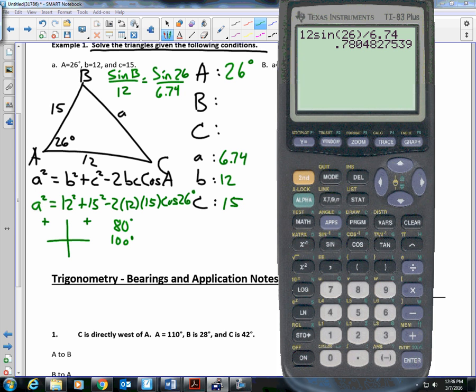You're finding an angle, so you have to sine inverse the answer. I came up with 51.3. I know that that's acute because I know it's a smaller angle than 90 degrees from the work I've done. How do I find C now? Subtract 180, 180 minus 51.3 minus 26, and I get 102.7.